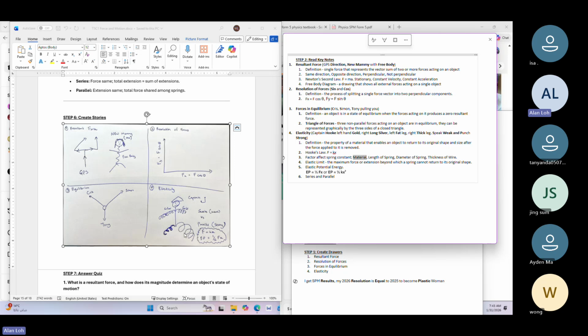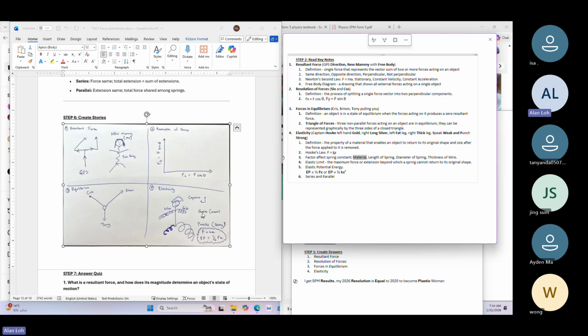You have a fatter left leg, so your diameter is bigger. I hope you know what diameter is. The circle of the diameter is bigger. Then thickness. There's another leg that is thick. One is big, one is thick. It's two different things. And that is to help you remember the factors that can affect the spring constant.